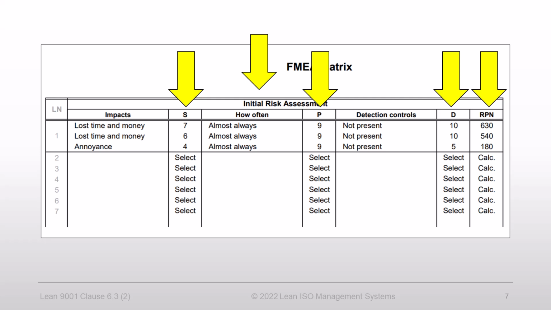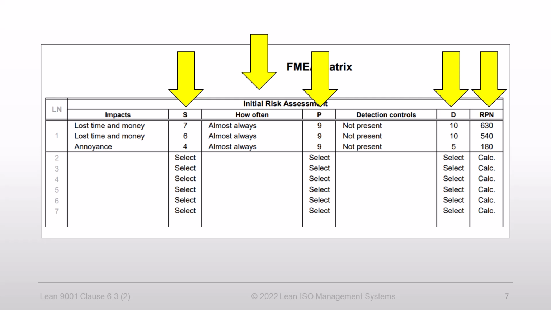It shows the initial risk assessment using typical severity, probability or occurrence, and detectability scales, which allow calculating a risk priority number or RPN for each risk.